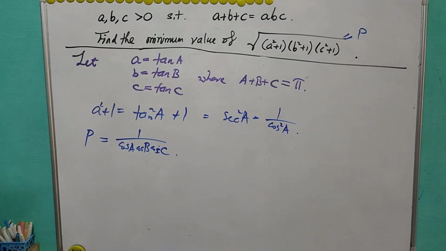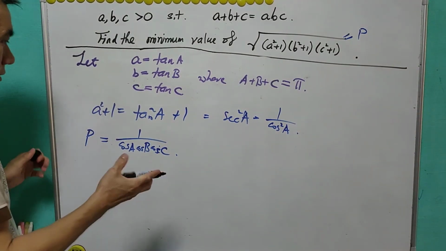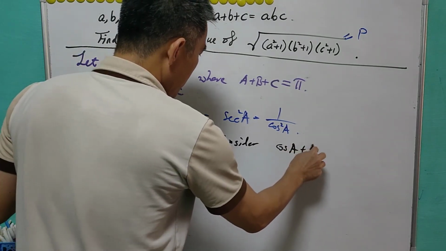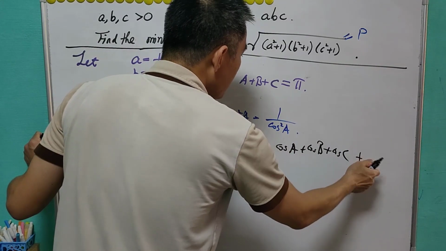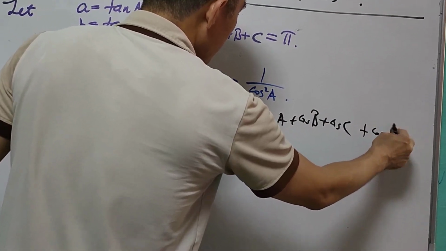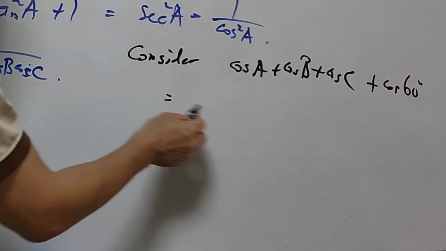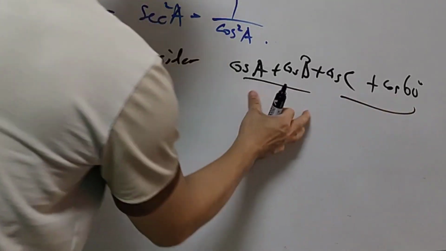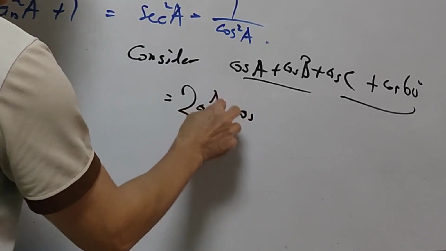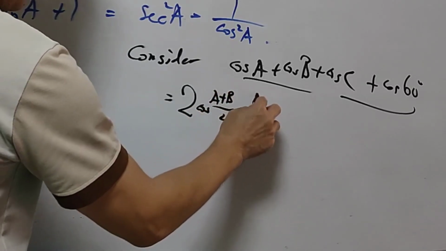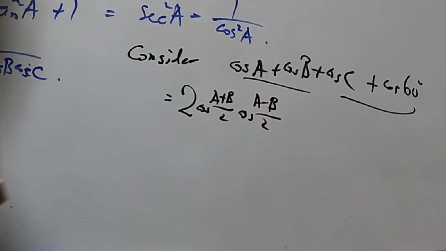Now to solve this, we may consider cosine A plus cosine B plus cosine C and plus some magic term, that is cosine 60 degrees. So by using the formula, cos plus cos equals 2 cos cos, this is A plus B over 2, A minus B over 2.